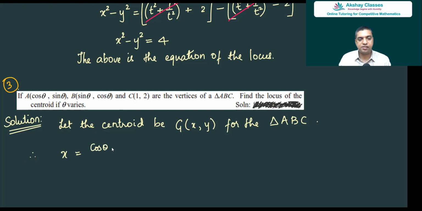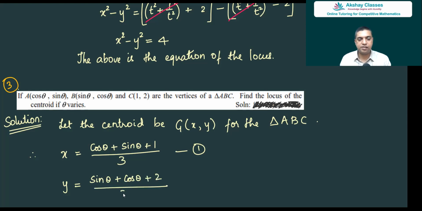So x is (cos theta plus sin theta plus 1) upon 3. This is 1. Next, y will be (sin theta plus cos theta plus 2) upon 3, that is (y1 plus y2 plus y3) by 3.